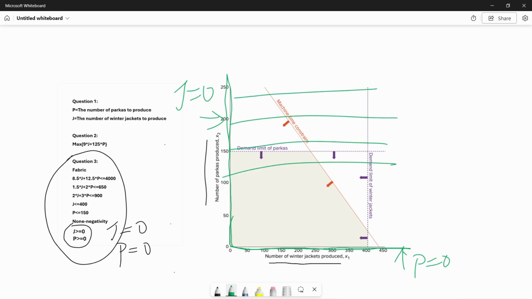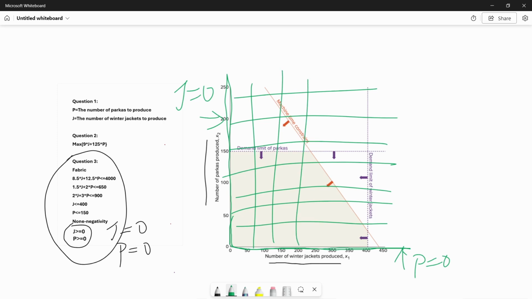Similarly, p larger than or equal to 0 has to be this area. Why? Because if you go in the opposite direction, p will become smaller than 0. So I use this shaded area to show how j larger than or equal to 0 and p larger than or equal to 0 are represented on this diagram. Now we have finished the non-negativity constraint.